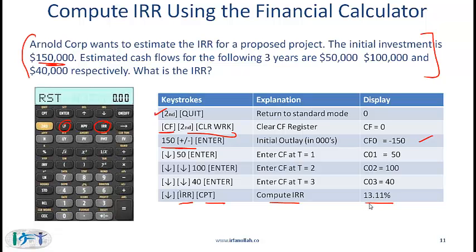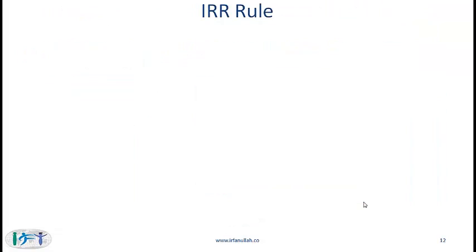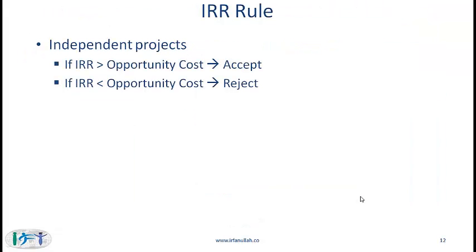This method clearly is much simpler than what we saw earlier, but you still need to understand the concept that the IRR is that rate of return which makes the NPV equal to 0. Just like there is a NPV rule, there is also an IRR rule. For independent projects where you are simply making a yes/no decision on a given project independent of all other projects, if the IRR is greater than the opportunity cost, then you accept a project.